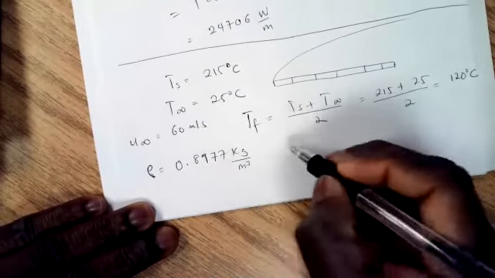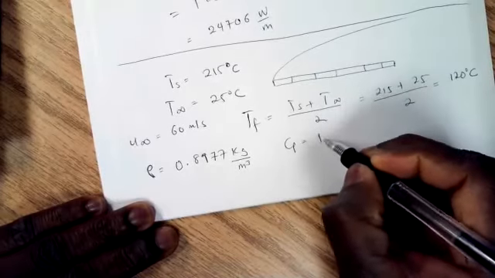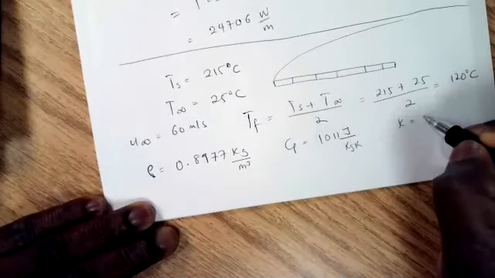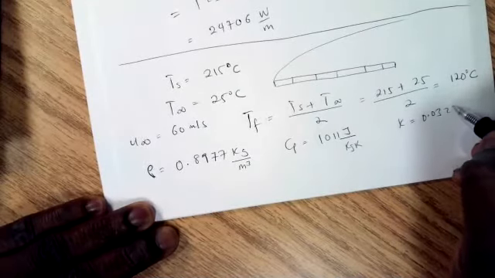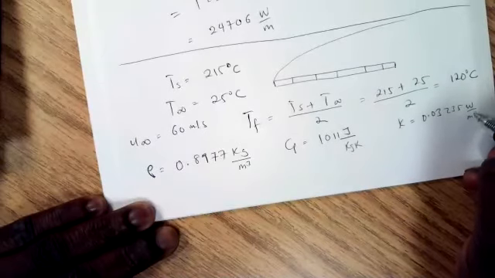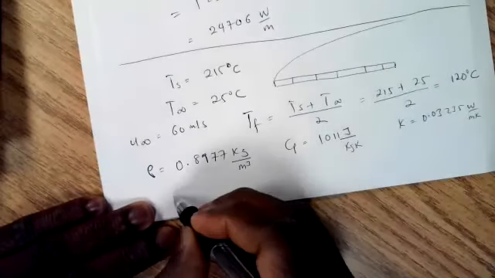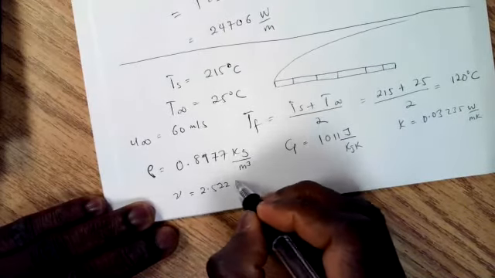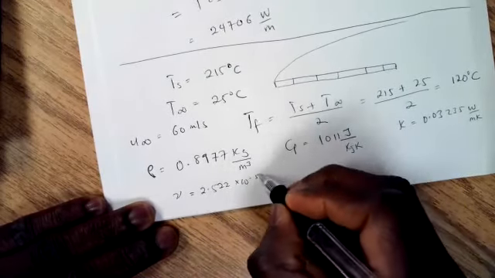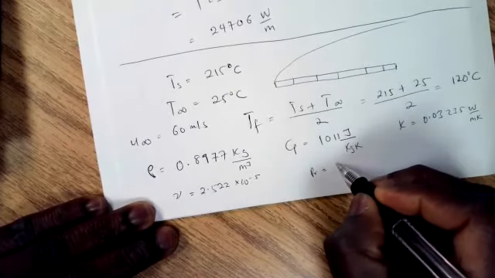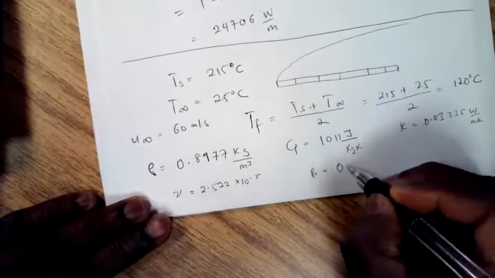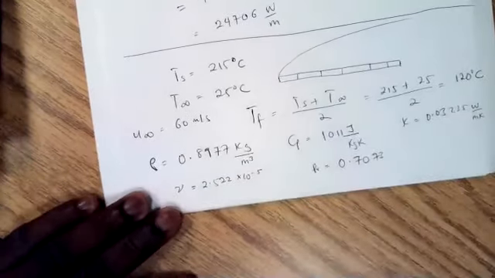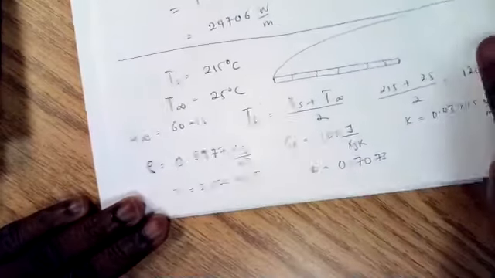Okay, a specific heat. Is this 0.7? Well, that's small.